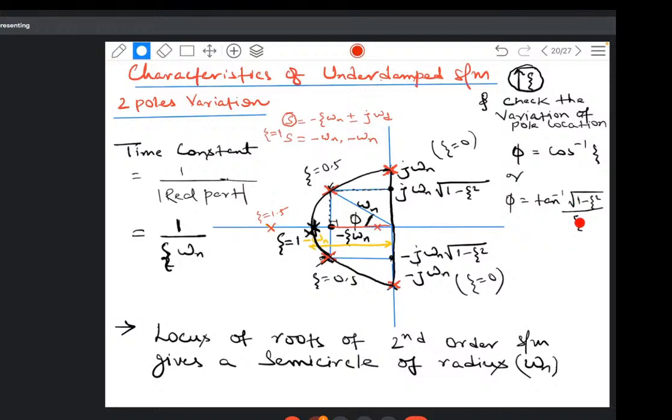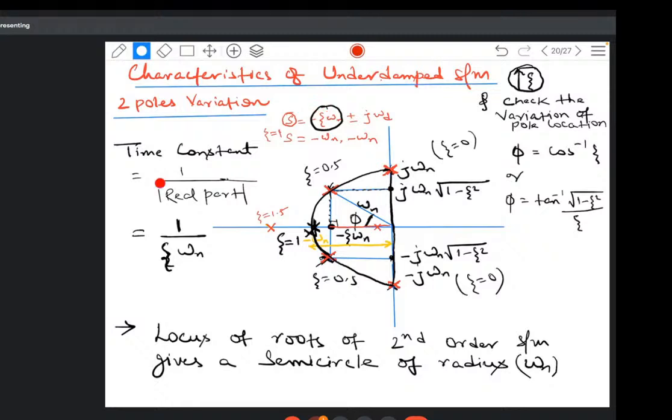Now, if I am asking you to find the time constant of a second order system, then you just have to concentrate on the real part. So 1 by the magnitude of the real part. See, I have included a modulus also. So you don't have to worry about negative or positive sign, because time constant will always be a positive value. So 1 by modulus of the real part will give me the time constant. So here, for the second order system, you can see that the real part was minus zeta omega n.